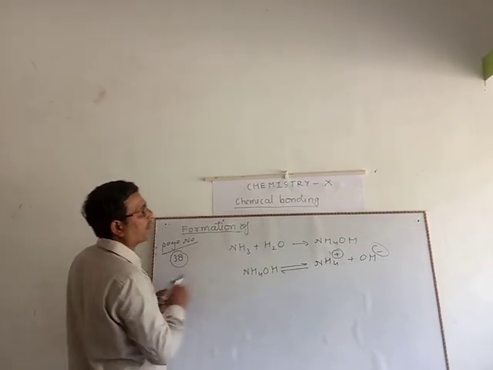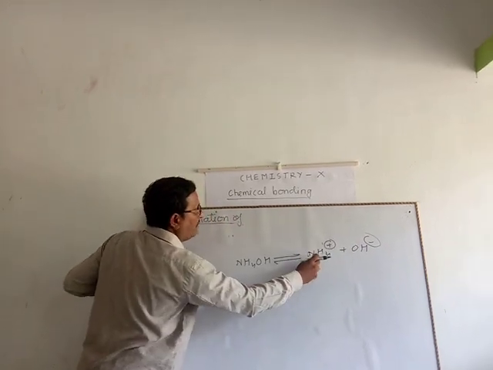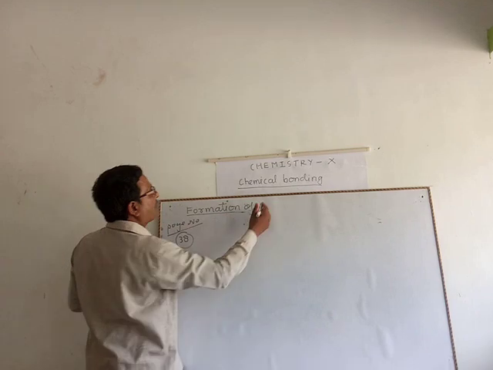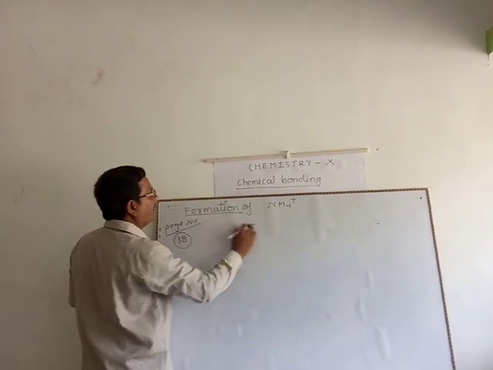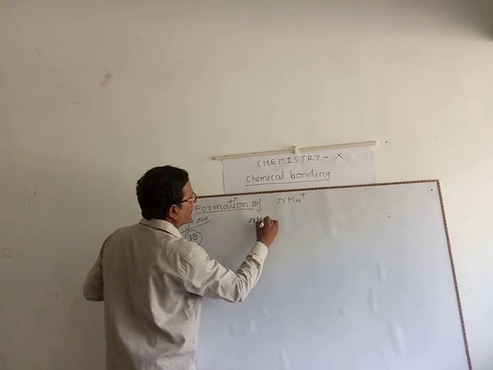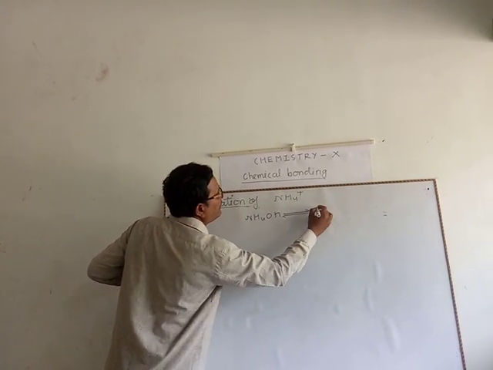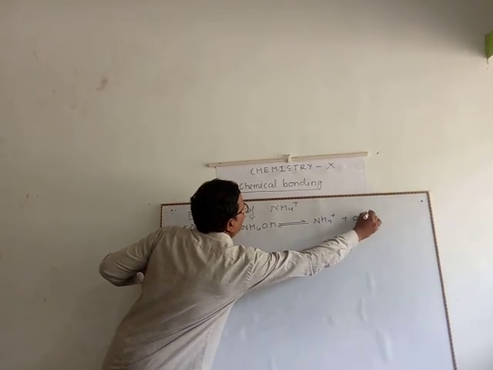Now, formation of the ammonium ion. See this ammonium ion radical. Formation of ammonium ion: when ammonia solution, ammonium hydroxide, ionizes, it gives ammonium ion and OH ion.